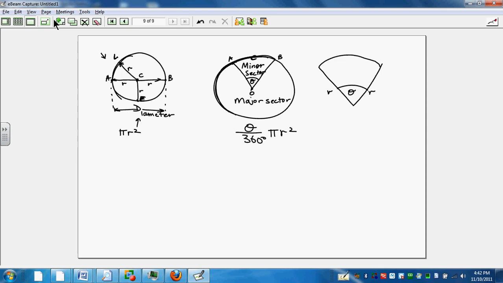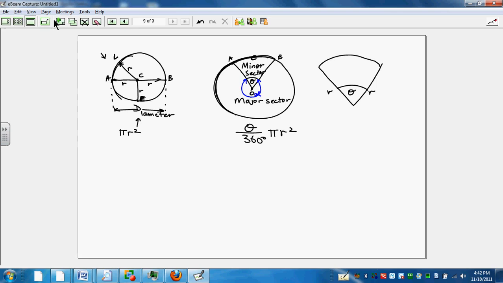If you have to do the major sector, you just use the angle that would be in the major sector. So let's say this angle here in the major sector, let's do it in a different color so you could follow it. Let's call this angle alpha.